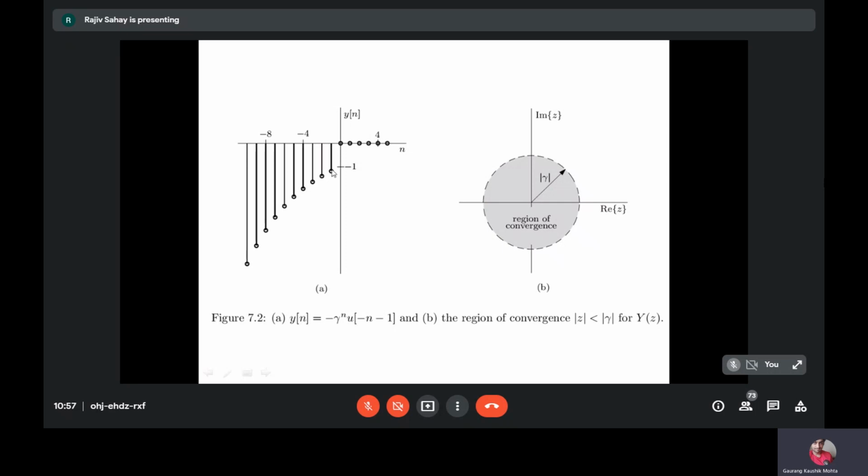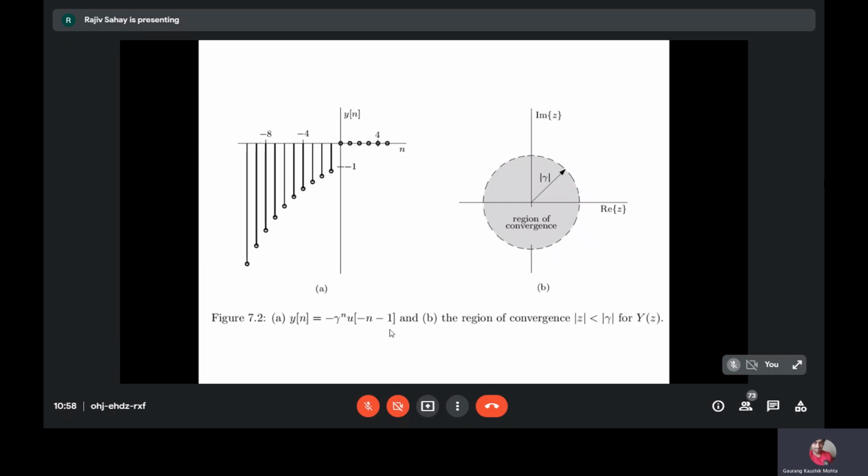So starting from here. Earlier I had used the notation alpha or beta to the power n u of n naught minus n. So here it is something like minus n plus n naught, with n naught equal to minus 1. If you want to be consistent with my previous notation, beta to the power n u of n naught minus n, that was the left-handed complex exponential which I had shown.